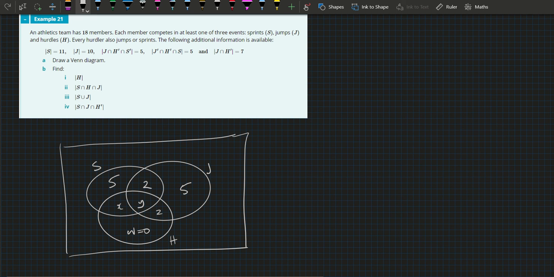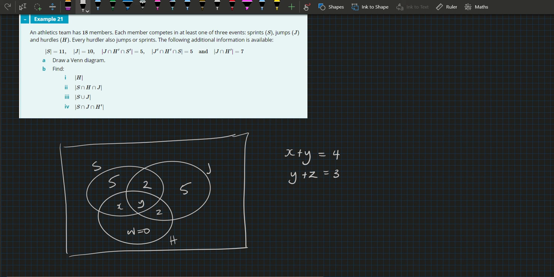So all I know is that X plus Y needs to equal 4. Is that right? Because we need to have 4 more. And Y plus Z needs to equal 3. So if I made Z 3, then X would be 4.